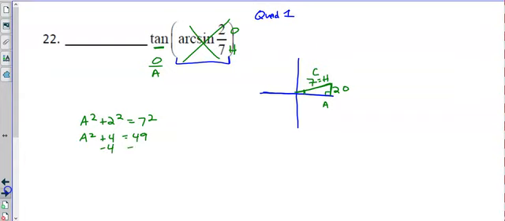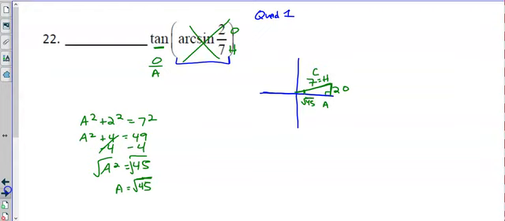And then just solve this. Take the square root of both sides, and you end up with A equals the square root of 45. And you don't need to do anything else with that. You could simplify it, but we're not worrying about that right now in this unit. We're just going to leave them all as they are.